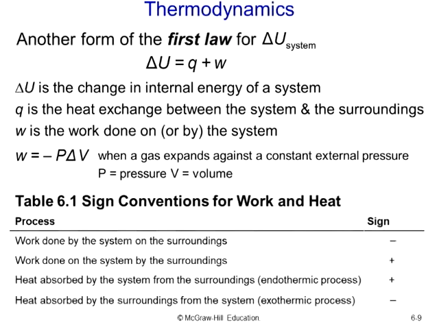Heat absorbed by the surroundings from the system is exothermic, is negative, and if it involves a chemical reaction, then that energy is written on the right side of the equation, which you will also be learning. So these are the signs that tell you what's happening to the system. You do well to memorize these.